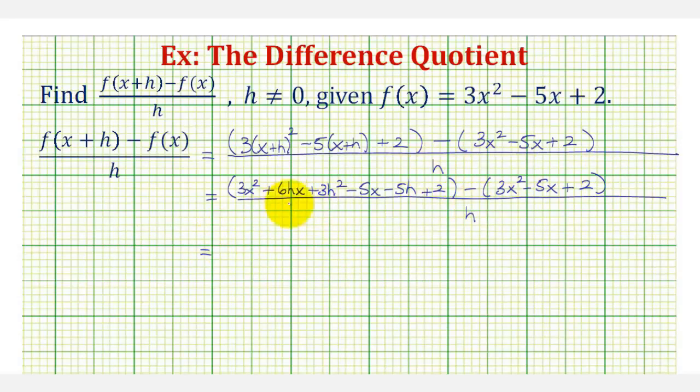Now for the next step, we'll clear the parentheses and combine the like terms in the numerator. So if it's helpful, we can think of distributing a positive 1 here, and because of the subtraction, we can think of distributing negative 1 here. So no signs will change in this first set of parentheses.